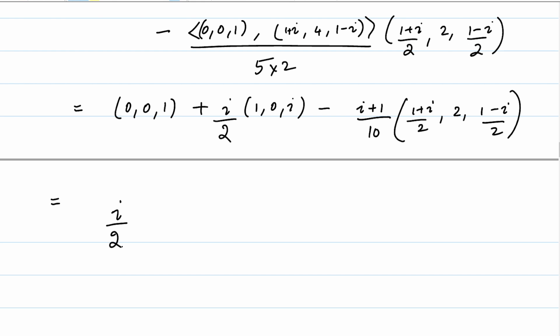i/2 times 1, 0, i minus (1+i), the whole square is i/10, and well, (i+1)/5, and (1-i) squared is basically 2, and this is just going to be 1/10.